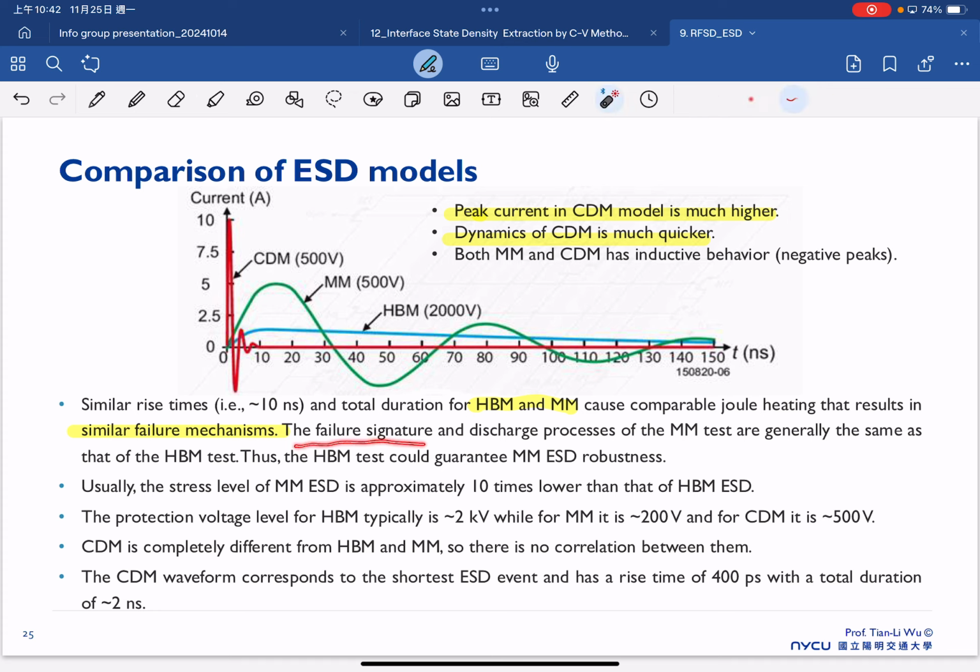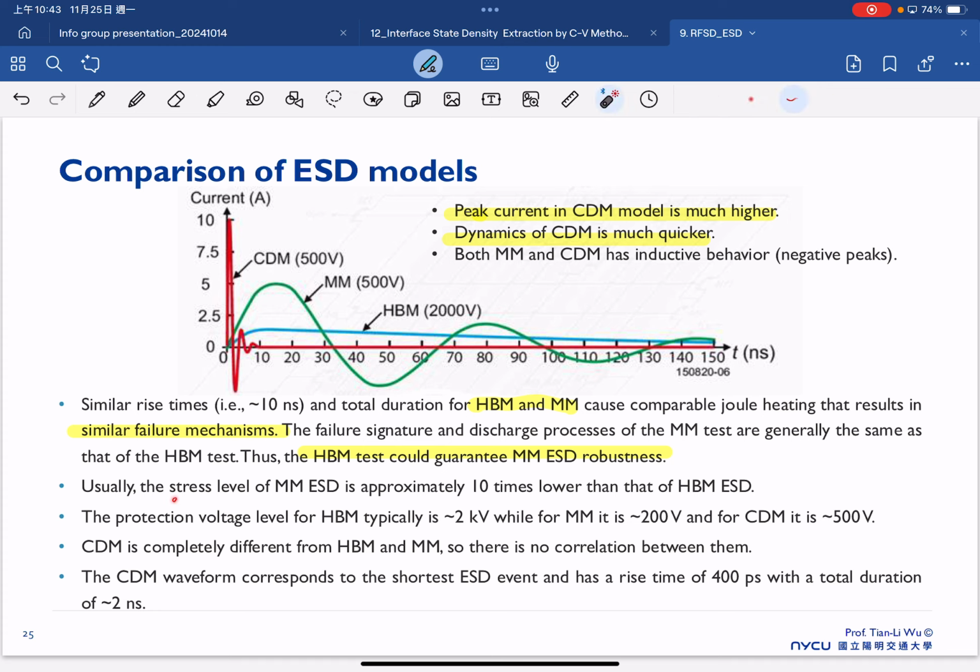And the failure signal and discharge process of the MM test are generally the same as that of the HBM test. Therefore, the HBM test could guarantee the MM ESD robustness. That means if your HBM results are good, then you don't have to worry about MM because the failure mechanisms are more or less the same.